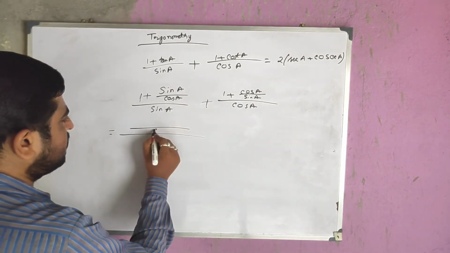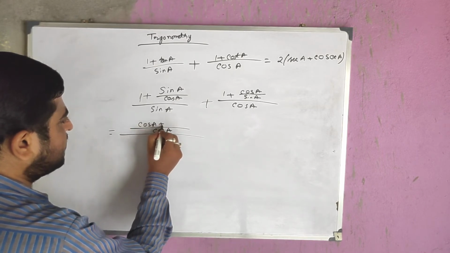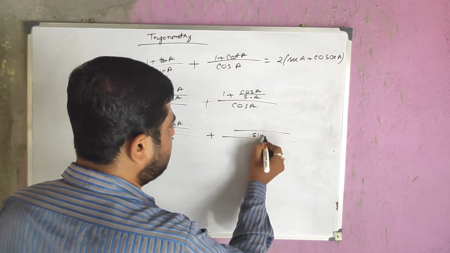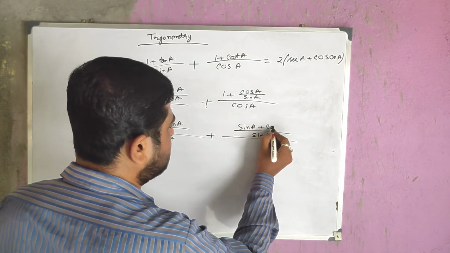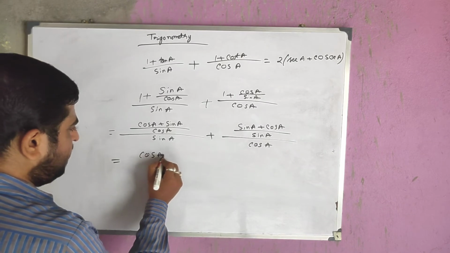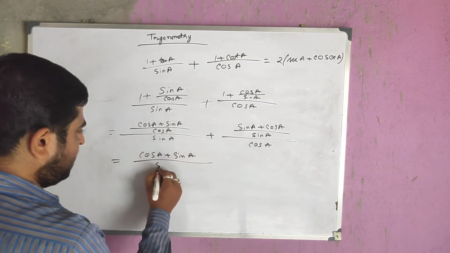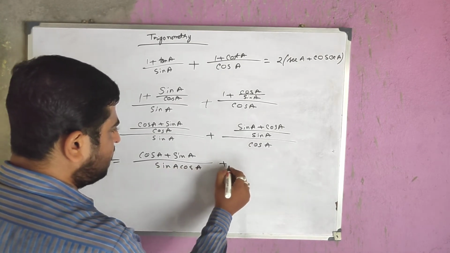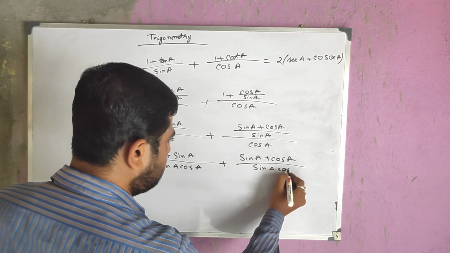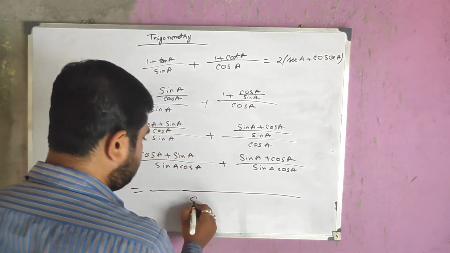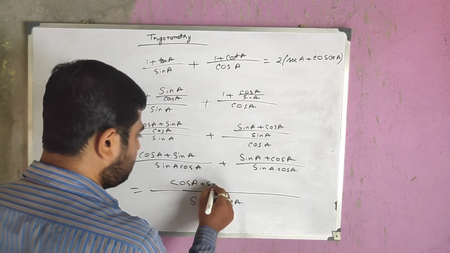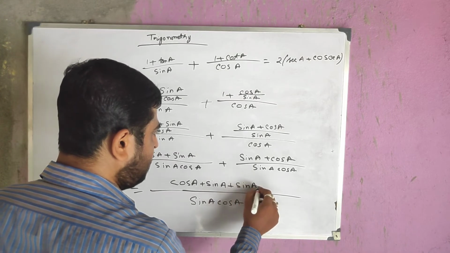Now make the LCM. Cos A, it will become (cos A plus sin A) by sin A cos A, plus here the LCM will be sin A, so (sin A plus cos A) by sin A cos A. So in both fractions the denominator has come the same, so we can make the LCM sin A cos A, and here it will become (cos A plus sin A) plus (sin A plus cos A).